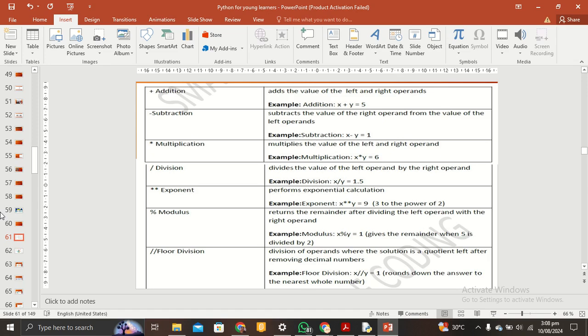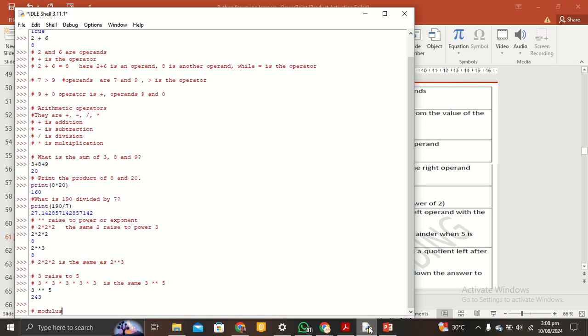For example, if I say 5 divided by 2, what is the remainder? 1, right? Aliza, if I say 5 divided by 2, how many remainder will you have? 1.